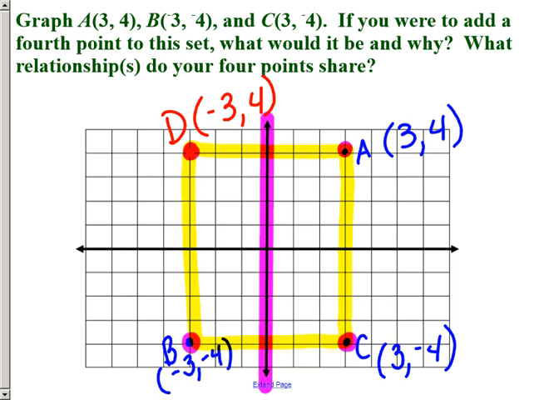And then if we look at the x-axis, notice that A and C are a reflection of each other across the x-axis. D and B are a reflection of each other across the x-axis.